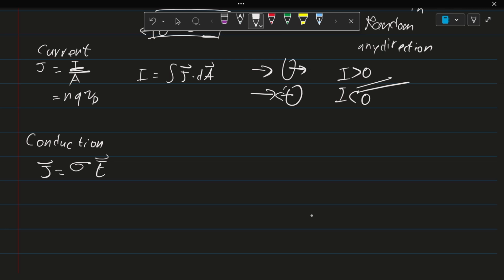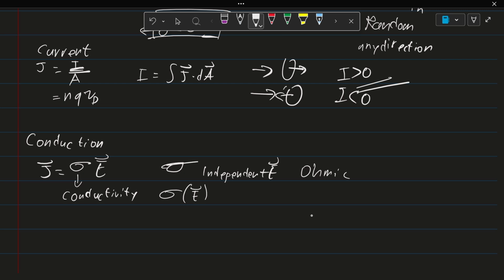The sigma here is called conductivity, something normally used in material science. If sigma is independent of E, this material is called ohmic, while a dependent sigma means that it's non-ohmic.